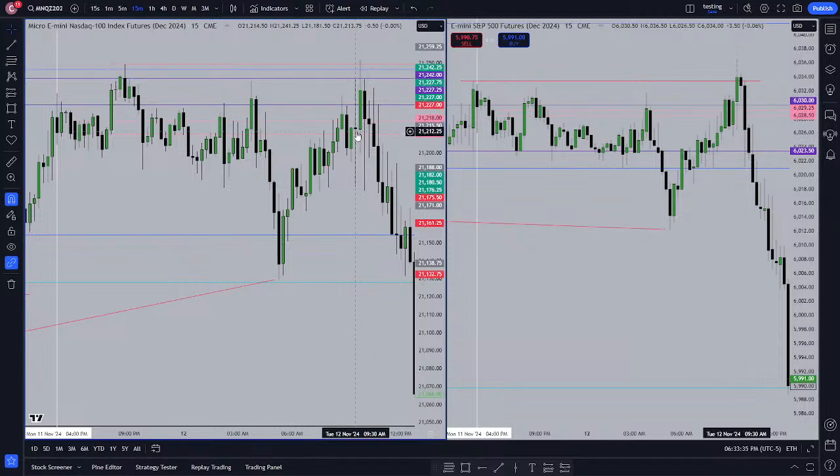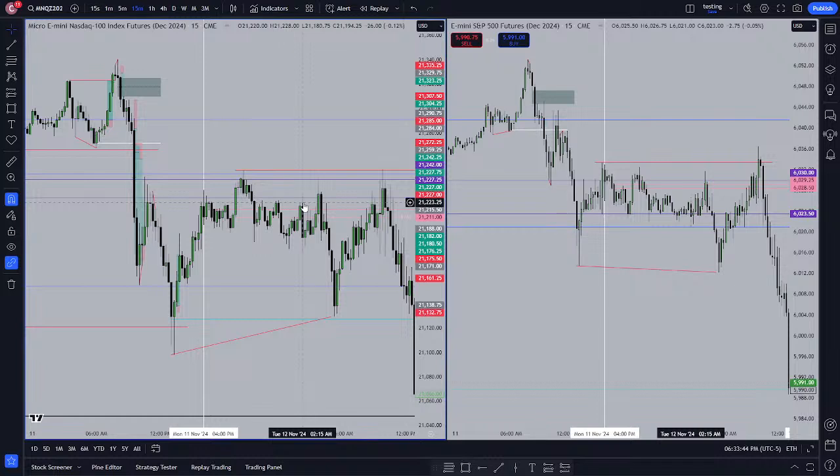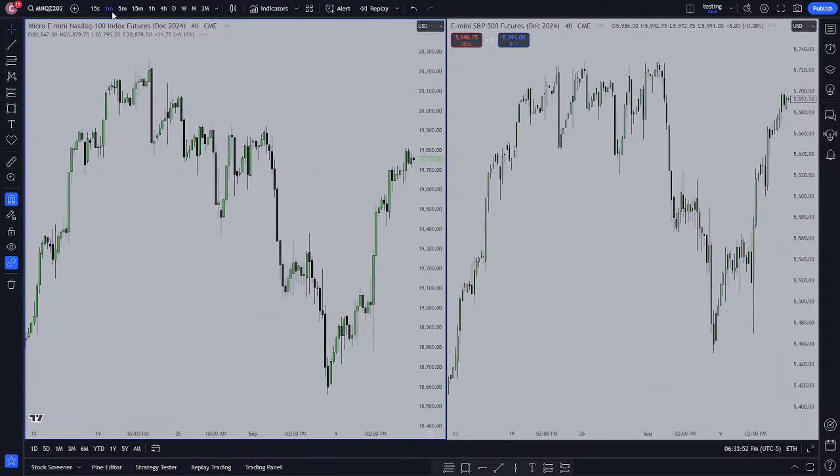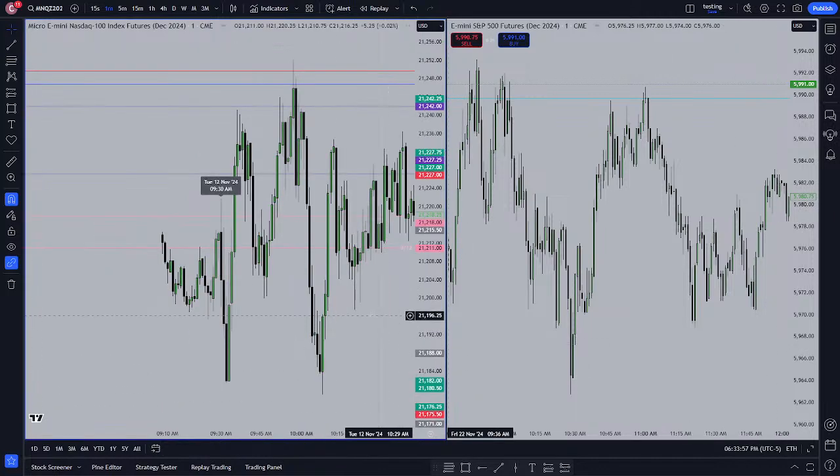We make this nasty, disgusting little wick. And right now what we want to see is it close above the highs. We want to see it close above the highs. So let's go on in the 1 minute and go into that 9:30 open with that in mind.